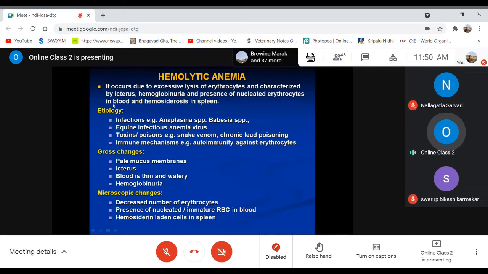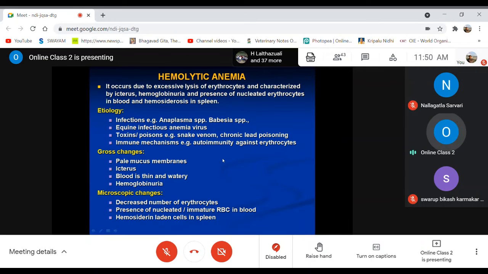After the depletion of the RBCs, because there is excessive lysis, one side is the bilirubin, the globin or protein part depletion, leading to jaundice as well as hemoglobinuria. Then the other part, the iron part, remains accumulated inside lymphoid organs like the spleen most particularly. That is known as hemosiderosis in the spleen, right?